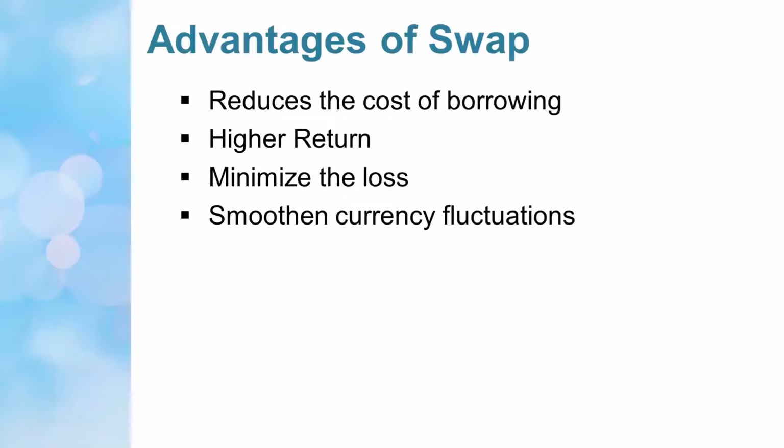So this return perspective we have explained from two different perspectives. From a borrower's perspective, it reduces the cost of borrowing. Naturally, that will lead to an increase in return.